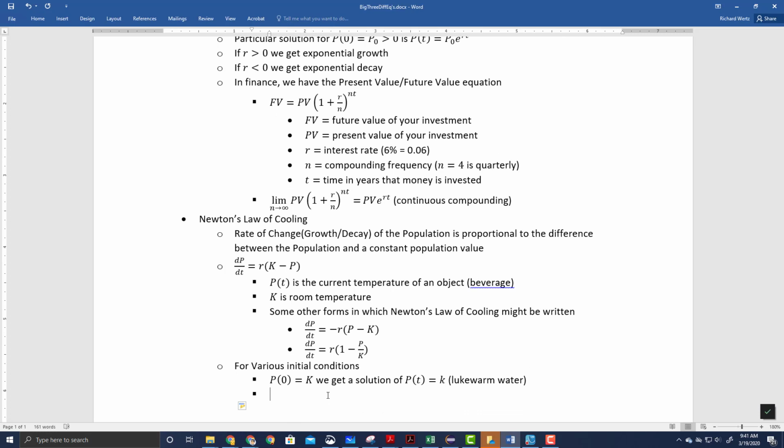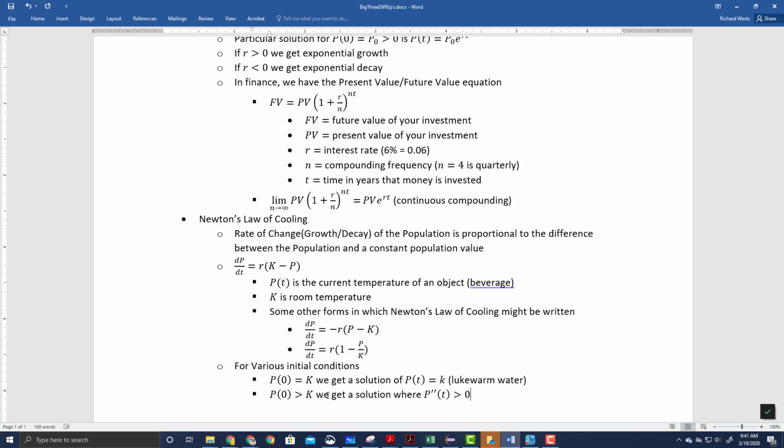If p of 0 is greater than k, we get a solution where p prime of t is greater than 0.